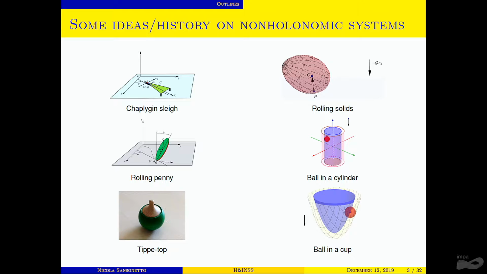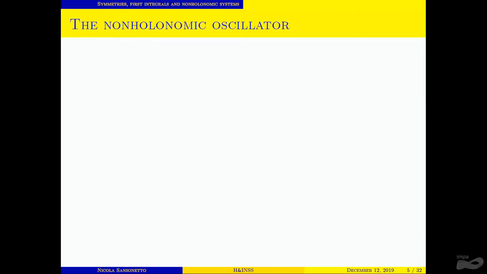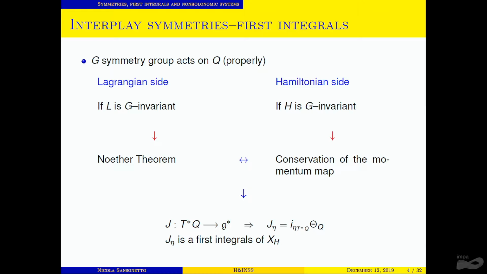What was clear since the beginning is that this kind of system is not Hamiltonian. Already Chaplygin realized this, and he tried to Hamiltonize some simple nonholonomic systems. But what does it mean that they are not Hamiltonian? Well, it doesn't mean, for me, that Noether's theorem doesn't hold.